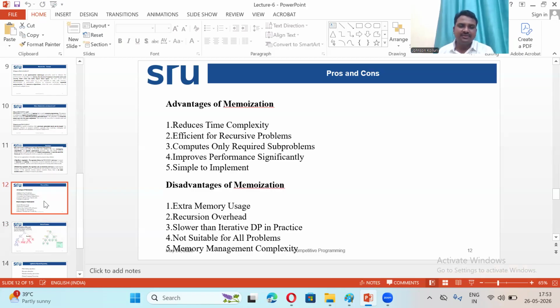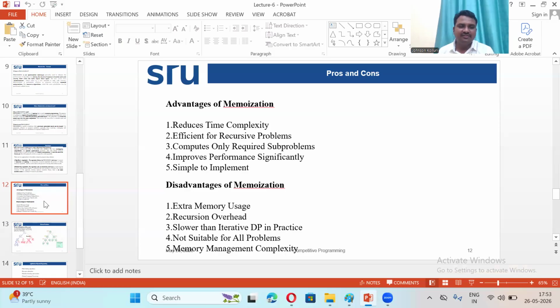Computes only required subproblems. Whichever subproblems we need, we calculate only those. Improves the performance significantly. Simple to implement. The implementation is also very simple. It won't take much code. These are the advantages of memoization.